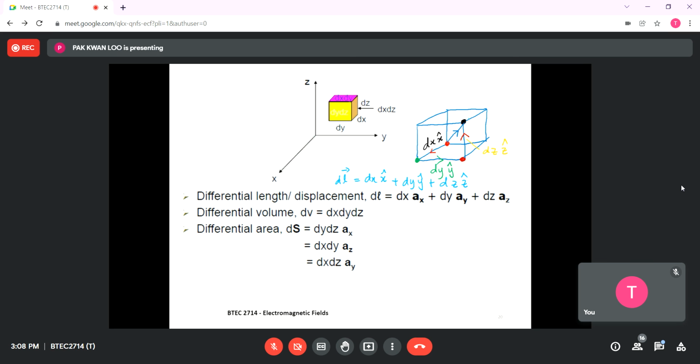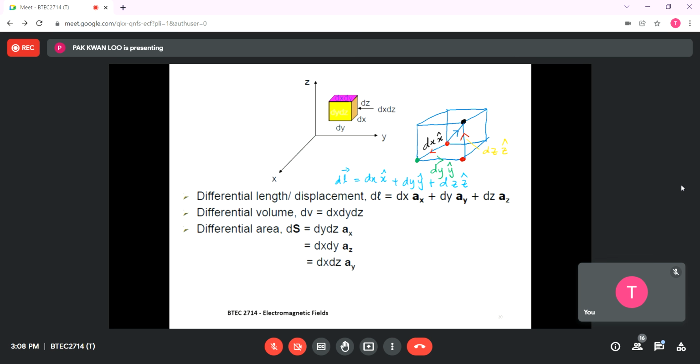Okay, so now what about differential volume? When we talk about volume, we need to find the area and then multiply by the height, then we get the volume. So the differential volume, due to this displacement, when we trace this, as you can see, this is a small cube.